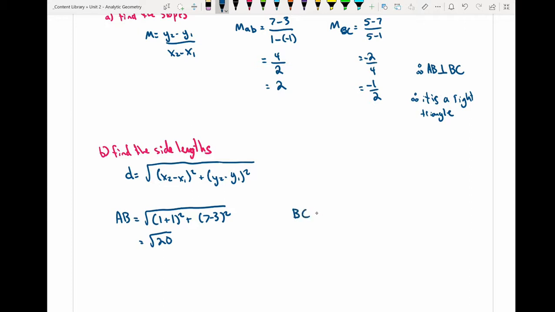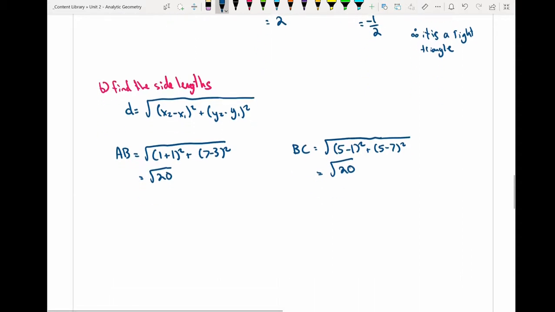So BC, using my distance formula, 5 minus 1 squared plus 5 minus 7 squared. And when I simplify this, I get square root 20 as well. So I know right now that two sides are the same length, so this should work.